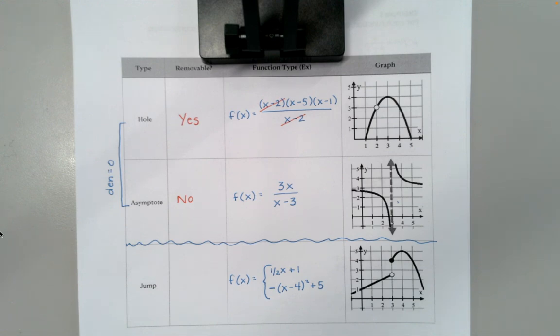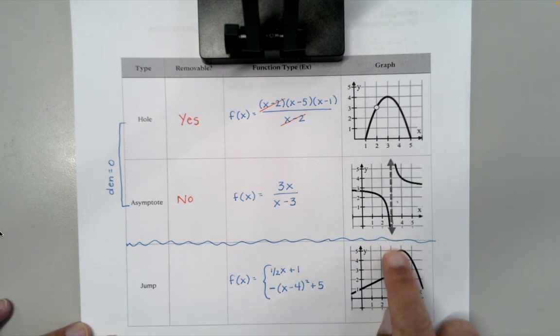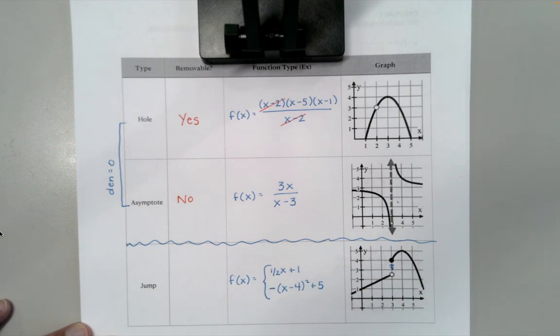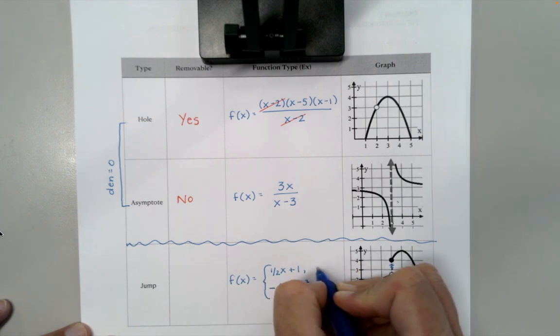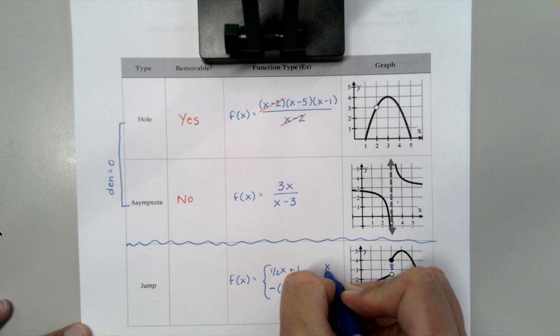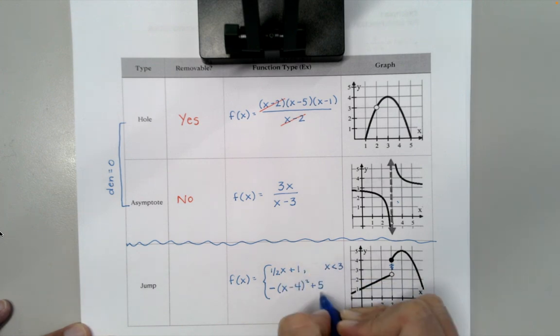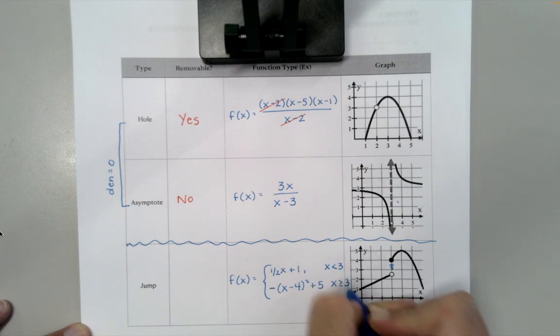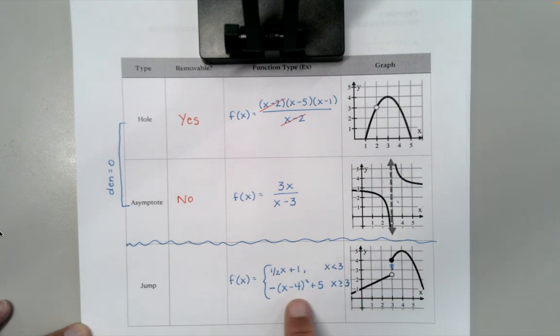That's an Algebra 2 thing. That's not something you have to know here. So it's these two functions, but you'll notice that at 3 is where this break is happening, where I have this gap between the two. I'm going to say this is true when x is less than 3, and this piece is true when x is greater than or equal to 3. That forces me to have a discontinuity at 3 because these two graphs don't actually touch.